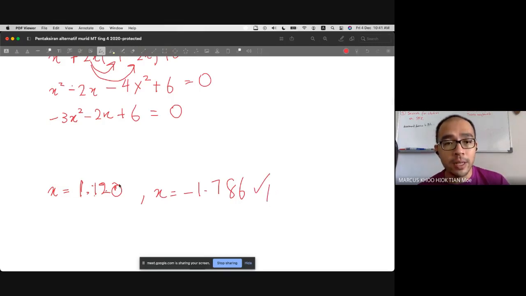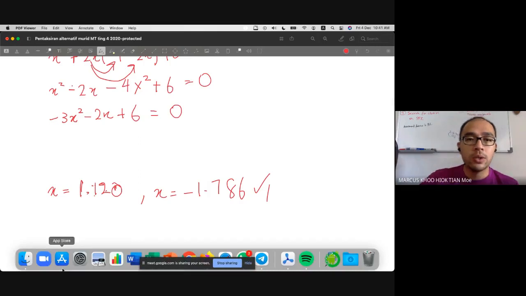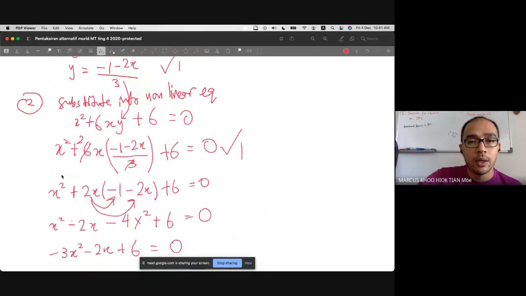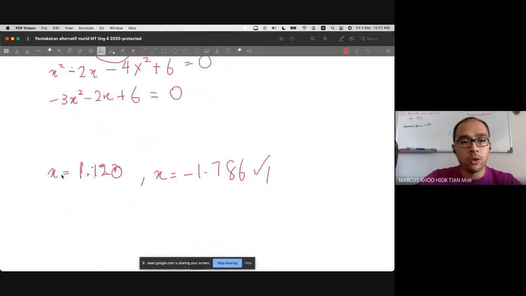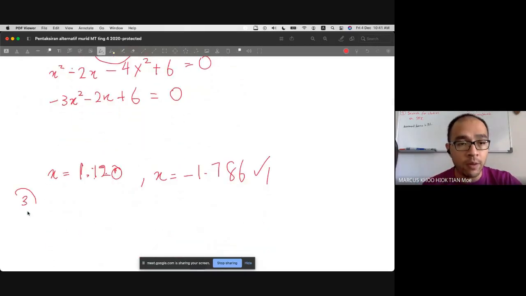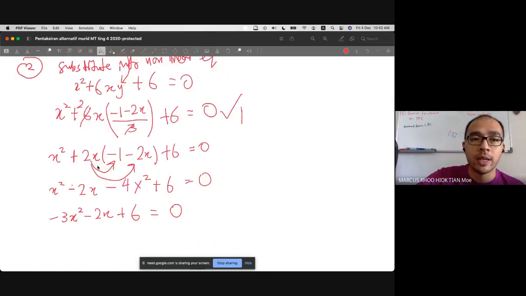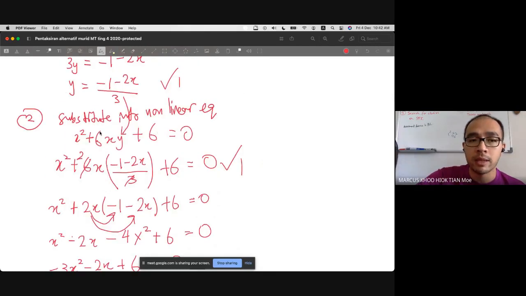Then after that you substitute the x. So the third step is substitute to find y. Now when you substitute into the linear equation, don't substitute into the non-linear one. It's too complicated.